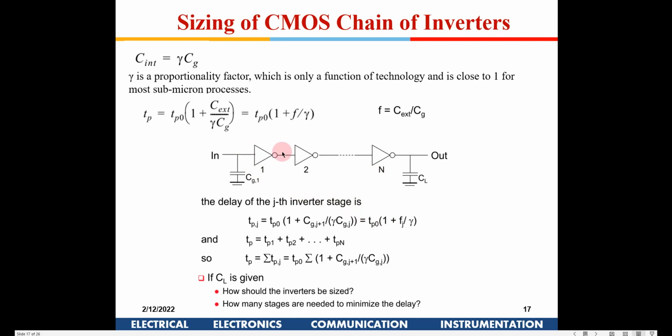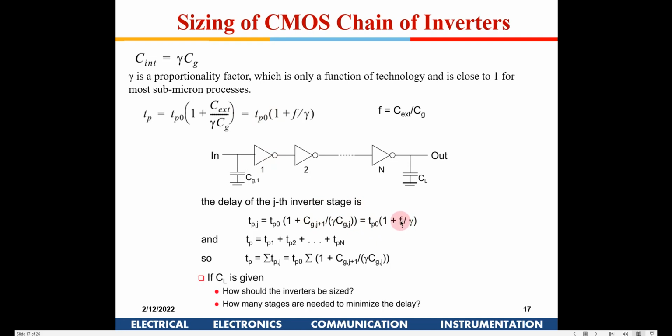See, the delay is proportional to f, and f is the ratio of the output gate capacitance divided by the input gate capacitance. So the delay of every stage is given by C_j+1 divided by C_j.